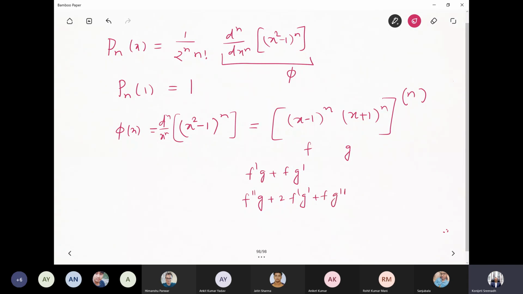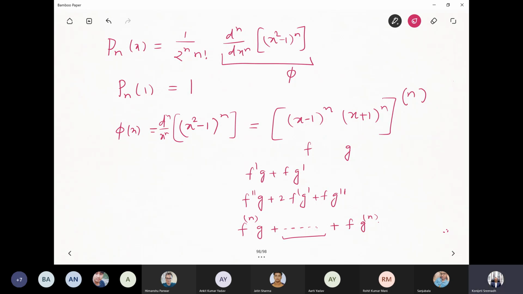So this is the second derivative. Similarly, when I take the n derivatives, we will have f's nth derivative times g, plus all the terms which have mixed derivatives, that is, terms with f prime and g prime also, at least minimum one derivative will be there in all these terms. And the last term again you will have f into the nth derivative of g.